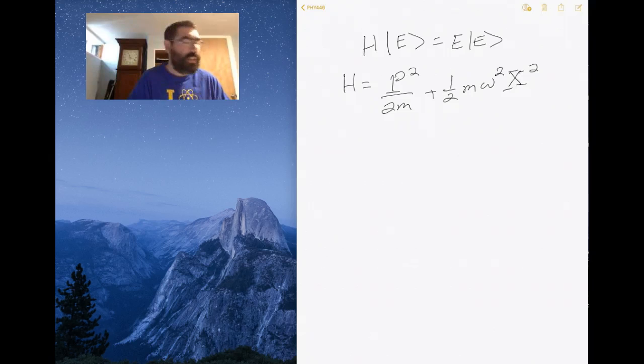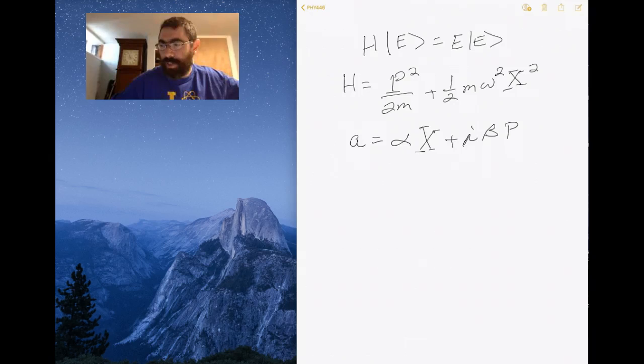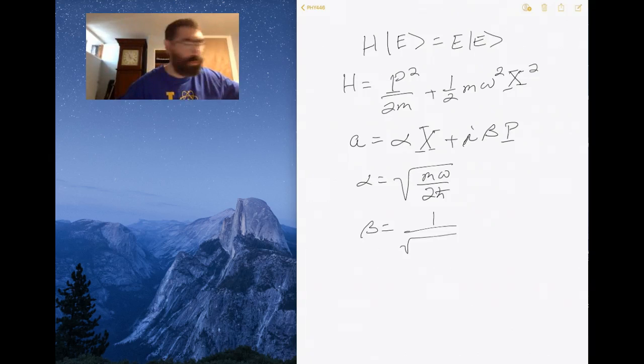And what I did at the end of class was to say, let's rewrite this. Let's write this now, not in terms of momentum and position operators, but in terms of an operator A, which I said was alpha times the position operator, plus i beta times the momentum operator, where alpha is the square root of m omega over 2 h bar, and beta is 1 over the square root of 2m omega h bar.